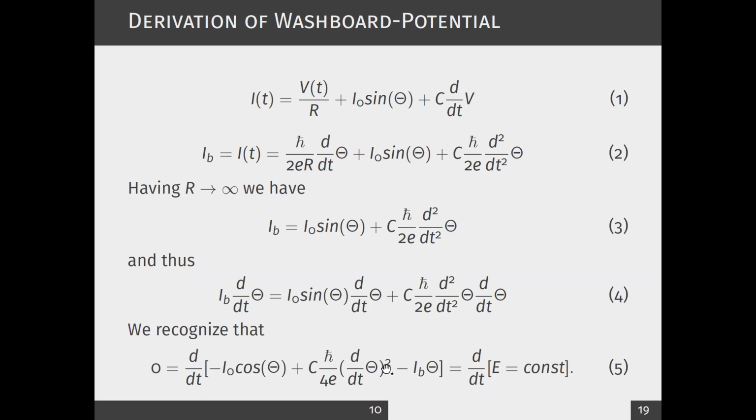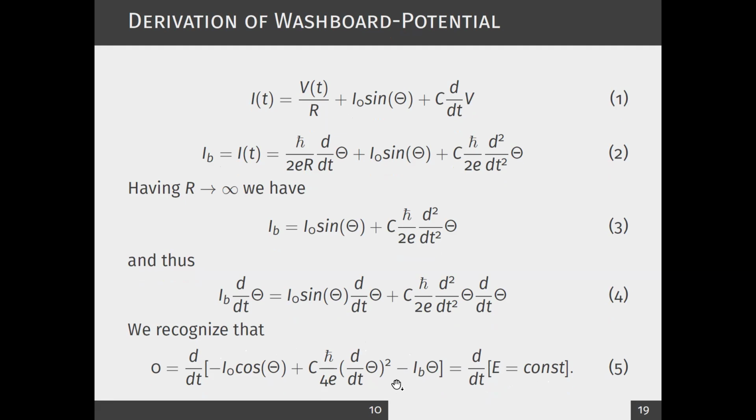So everything that is in the square bracket is constant. So there is d over dt of E, like energy. So we will propose that this is total mechanical energy, whatever is written in this bracket.